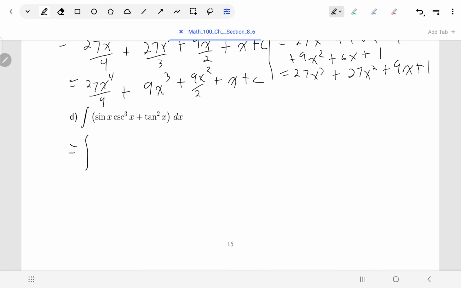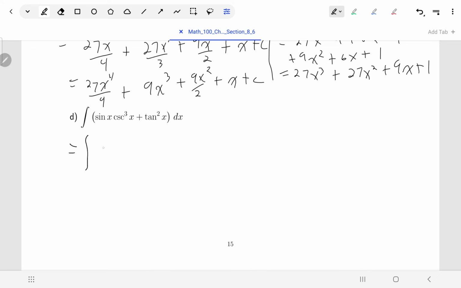Number two, I've got a product of a sine times a cosecant cubed. I also don't know an antiderivative of tangent squared. So I'll need to do a few things just to get this into a shape where I can do something with it. The first thing that I'm going to note to myself is that sine and cosecant are reciprocals of each other.